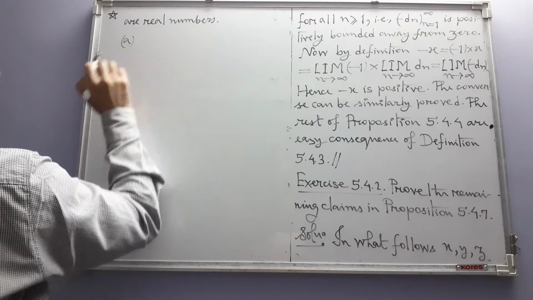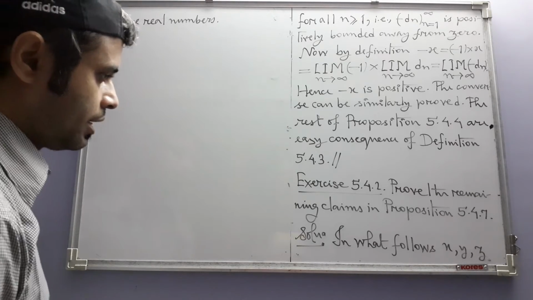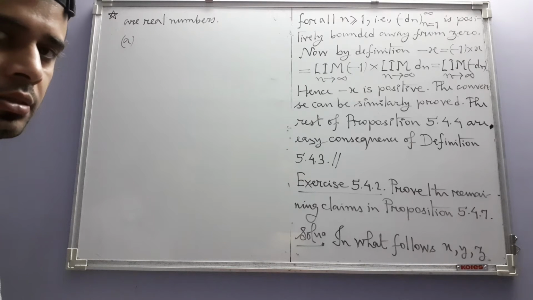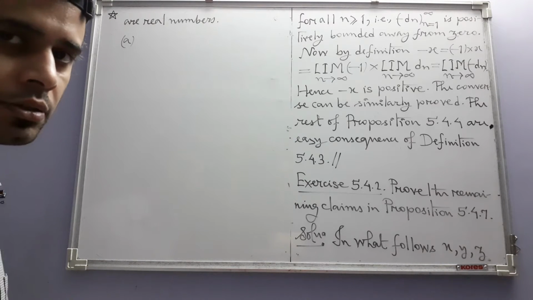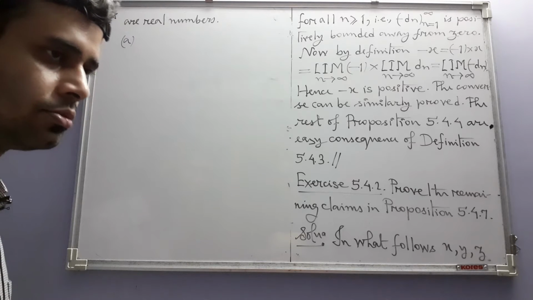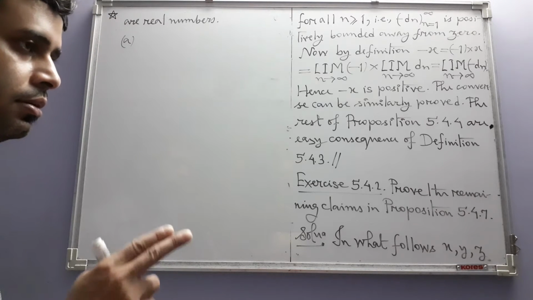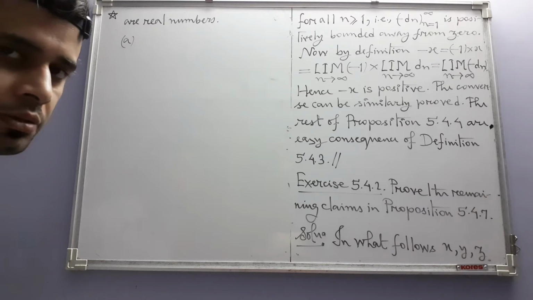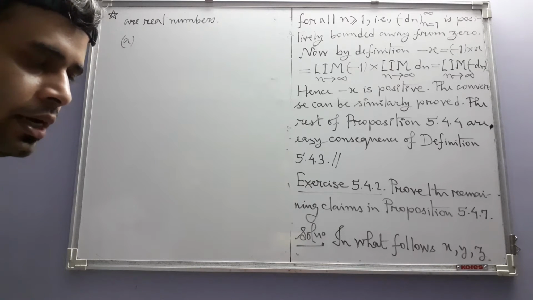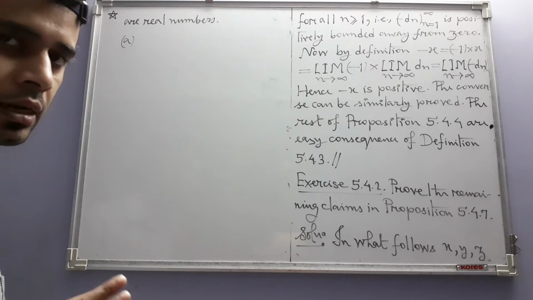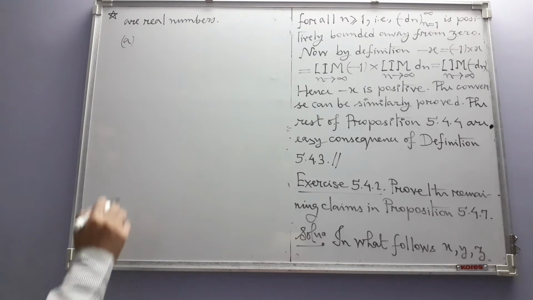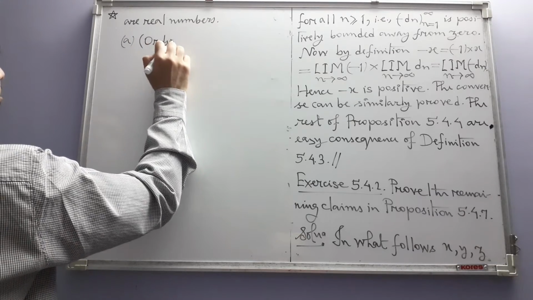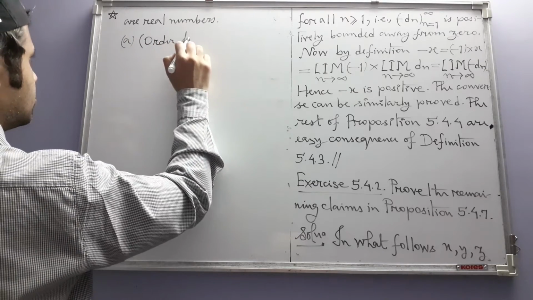So part A asks us to show that the order relation on the real numbers satisfies trichotomy, that if x and y are two real numbers, then either x is greater than y, or x is less than y, or x is equal to y, and no two of these three things can occur simultaneously. So we can in fact give the names also.